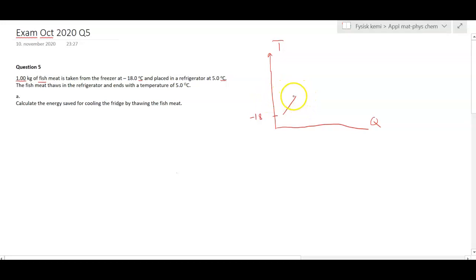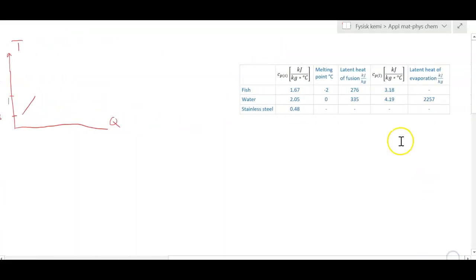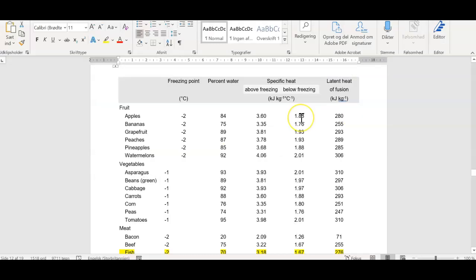Then we reach the freezing point, and we will look up in tables that the freezing point, that is minus 2. And we can see that by going into the table of the products that we are looking at.